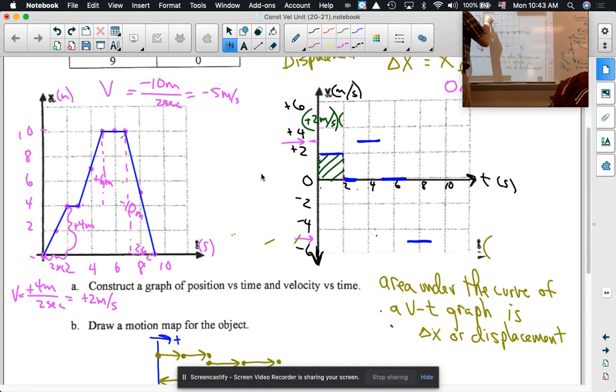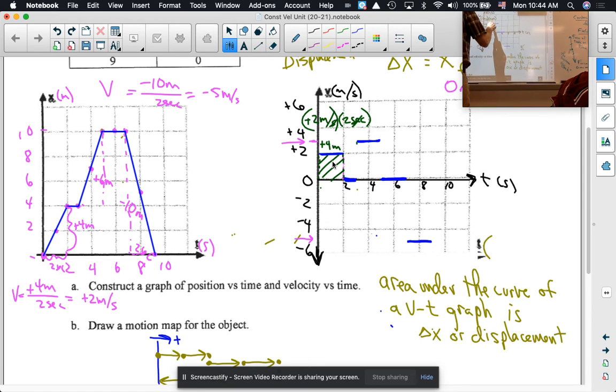Well, it's 2 seconds. Seconds cancel seconds there. And positive 2 meters per second times 2 seconds is positive 4 meters. What did we say the displacement was during the first 2 seconds? Oh, look at that. It's positive 4 meters. That's the area of that box. Coincidence? I think not.